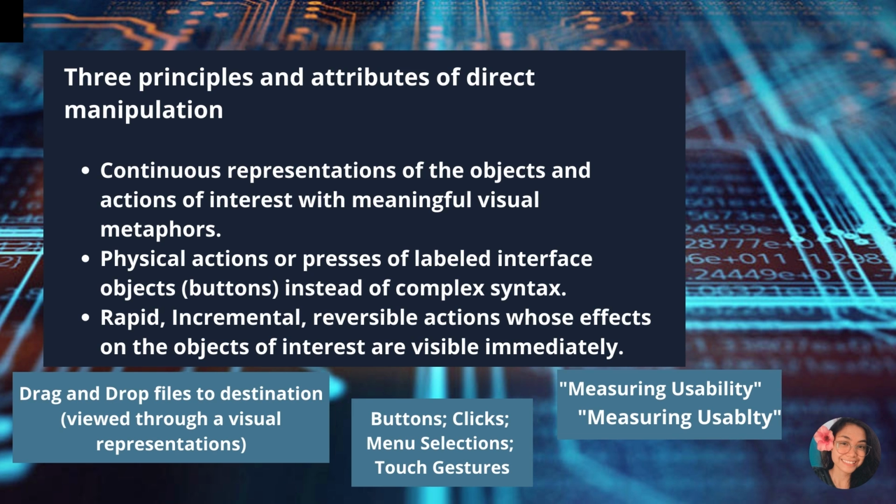The third is rapid, incremental, reversible actions whose effects on the objects of interest are visible immediately. So in this system, state is visible. It's simple to verify that each operation produced the desired effect. As a result, when users make mistakes, they should be able to understand the source of the error immediately and fix it quickly.